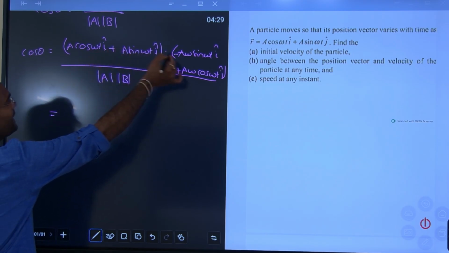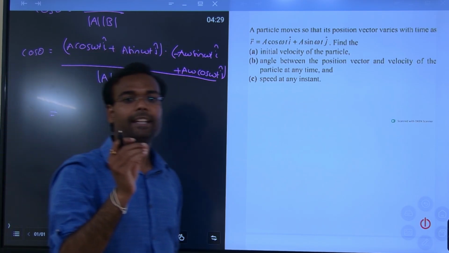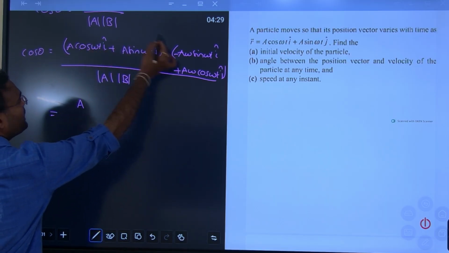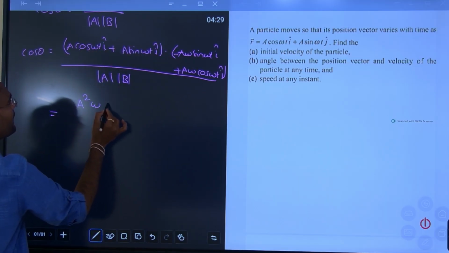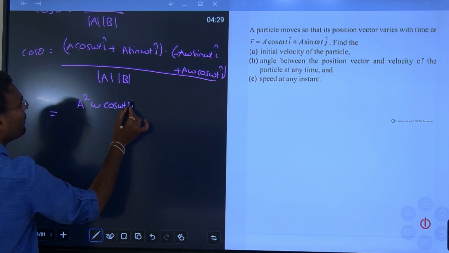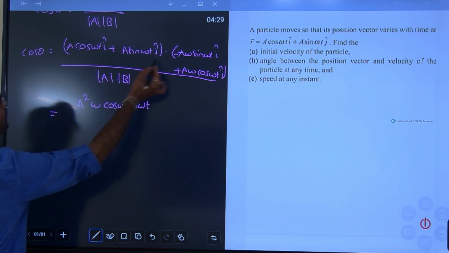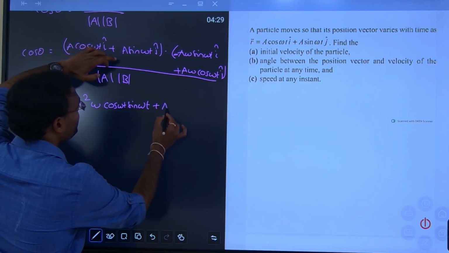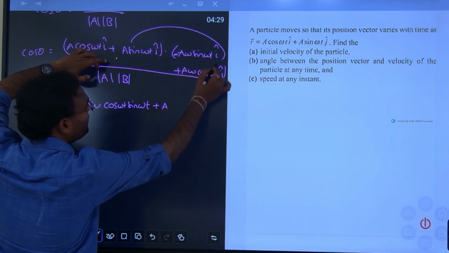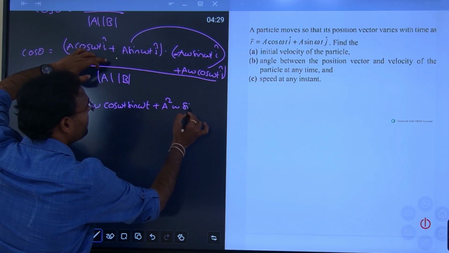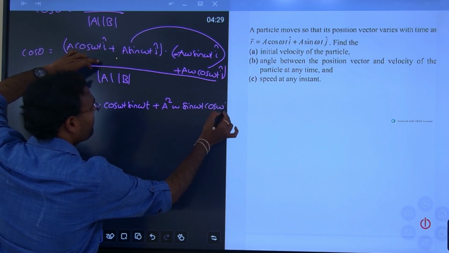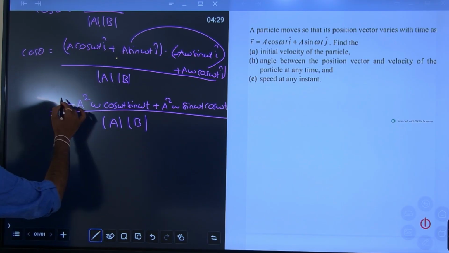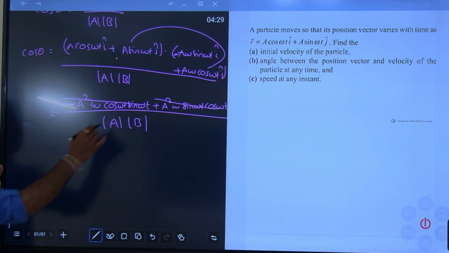See, i dot i equals 1, i dot j equals 0, which we have seen in our last class. Then a is multiplied with omega cos omega t, and the negative sign becomes plus. So I can write it as negative plus a square omega sin omega t cos omega t, divided by magnitude of A and magnitude of B. Obviously these two terms cancel, that is why I am not writing the magnitudes here.